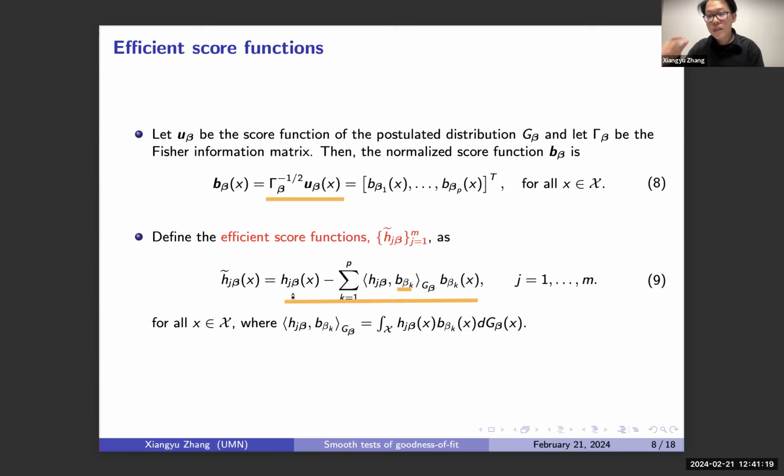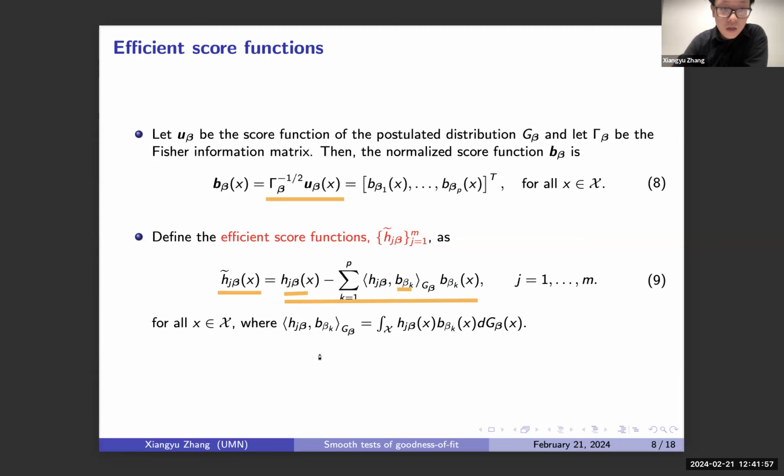So we want to exclude this kind of information and make it exclusively for your alternative models. That's why we perform this orthogonalization: afterwards, your tilde H beta will be exclusively relevant for the alternative hypothesis. Otherwise, if you use H_j beta, it will be confounded with information about the unknown beta, the score functions.